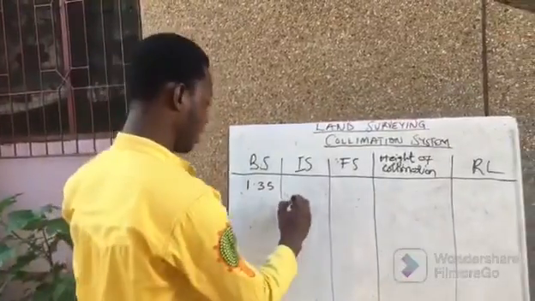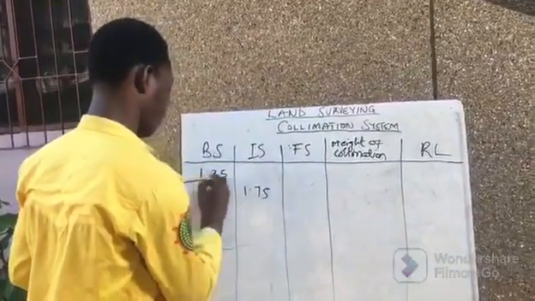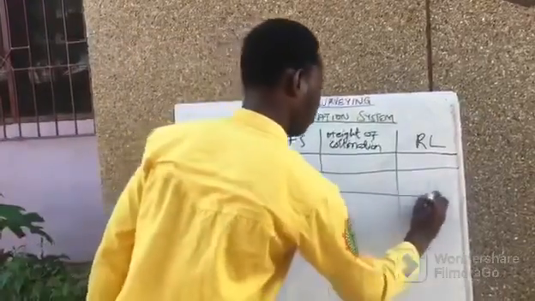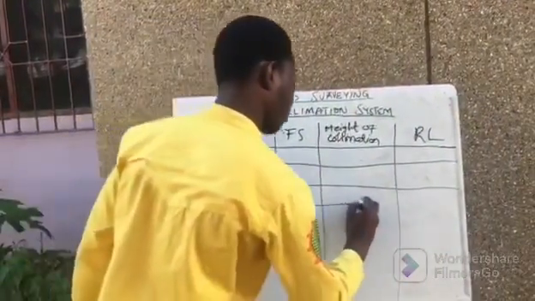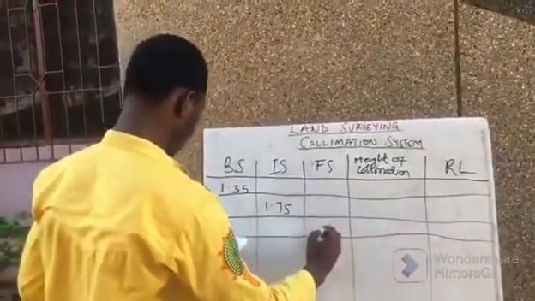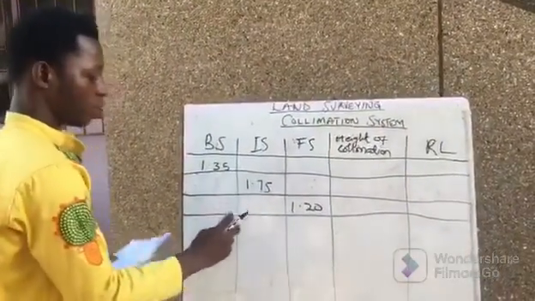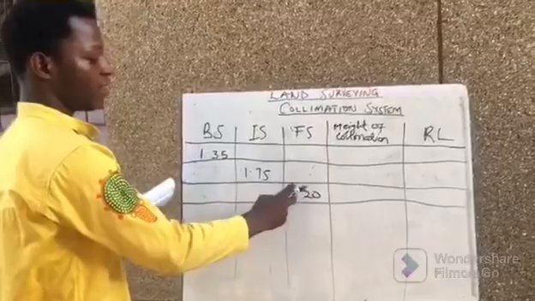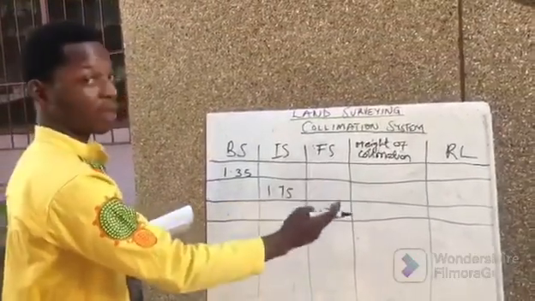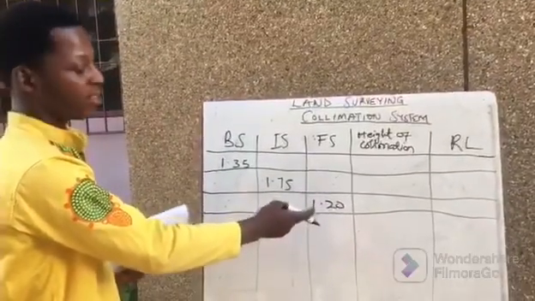The next reading was the intermediate, which was 1.75, followed by the next reading, which was 1.20. From the question, we saw that after the third reading, the instrument was changed. So the next value, which is your backside, will be on the same line as the start.